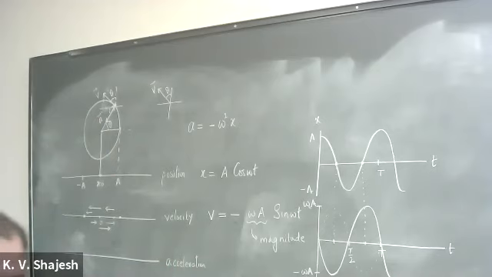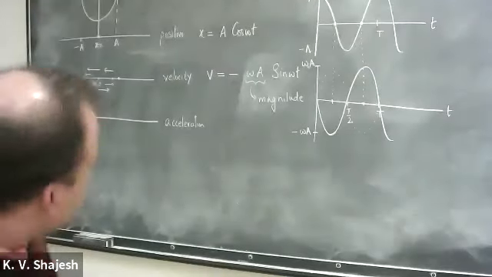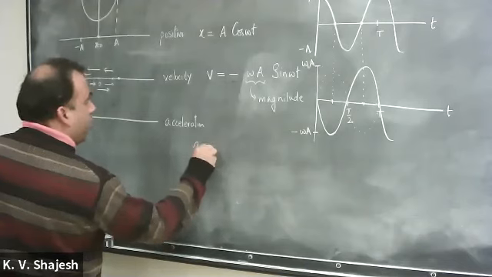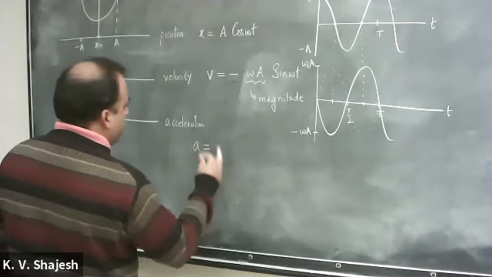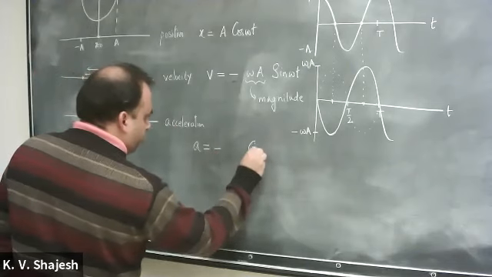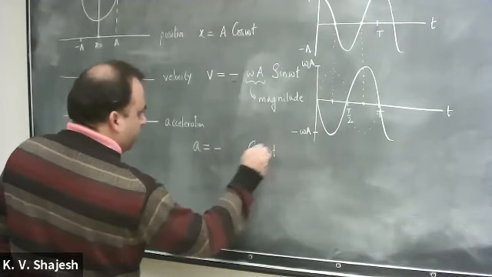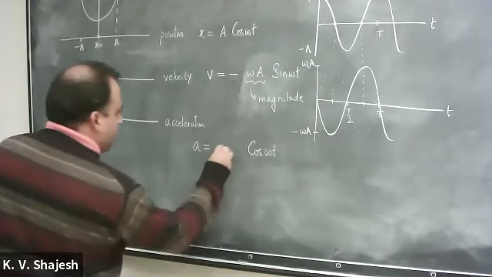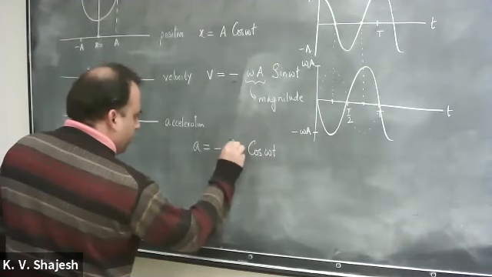And if I were to write this down again, move this camera back. So acceleration now is, since it's in the third quadrant, it is negative, but still cosine. It's cosine of omega t, because the angle is being represented with respect to the x-axis, and that's omega square a.